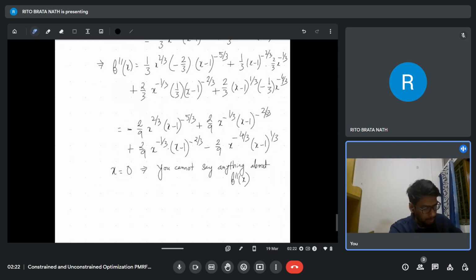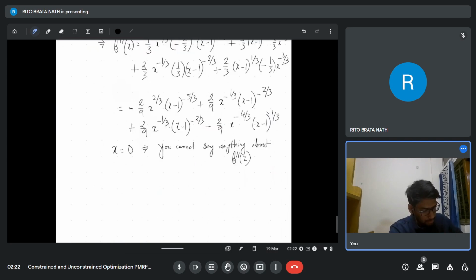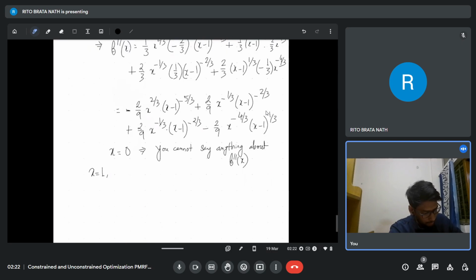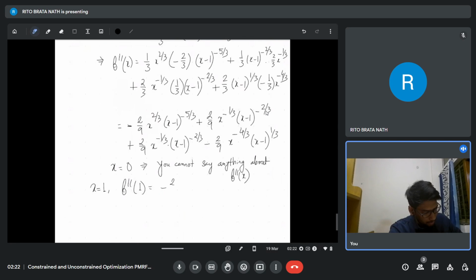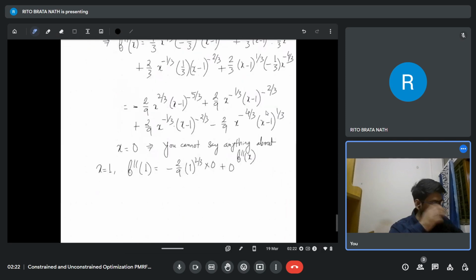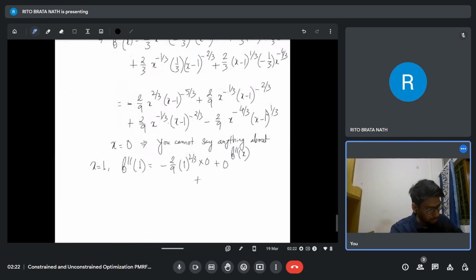But when x equals 1, then you have f double prime 1 equals minus 2 by 9 times 1 to the power 2 by 3 into 0. Then the second term will also be 0. The third term will also be 0, and the fourth term will also be 0.